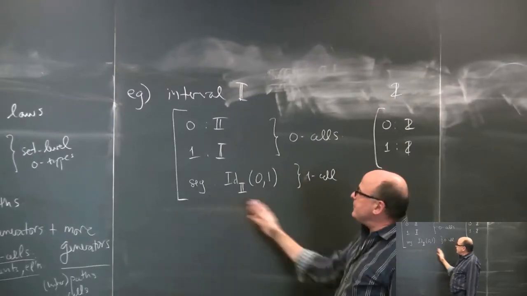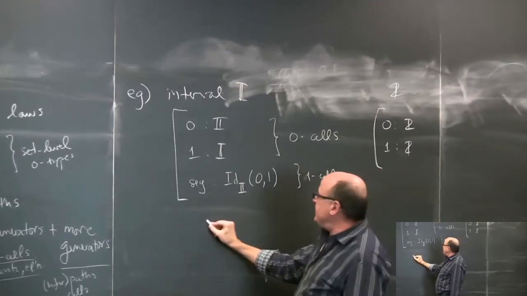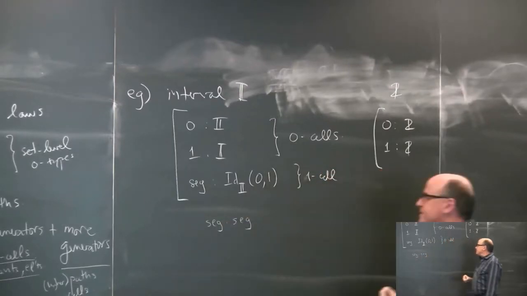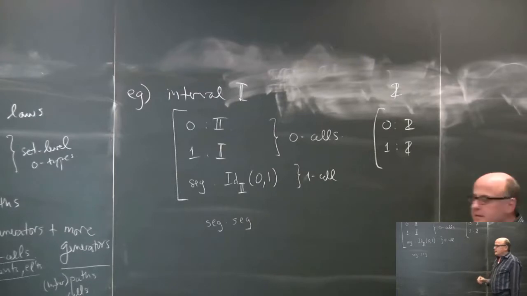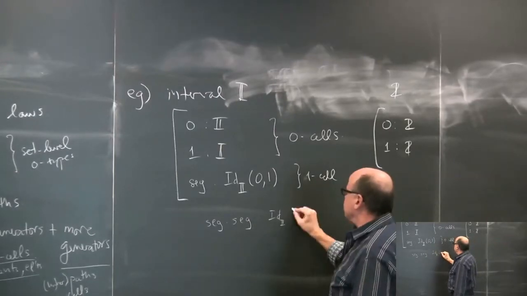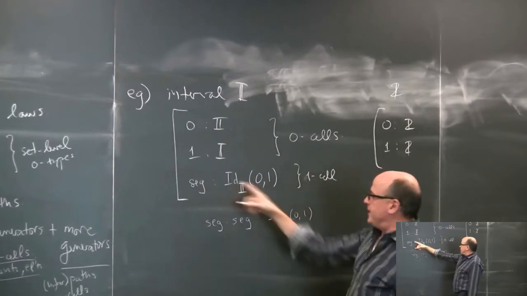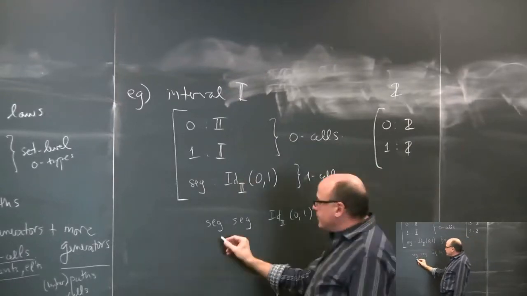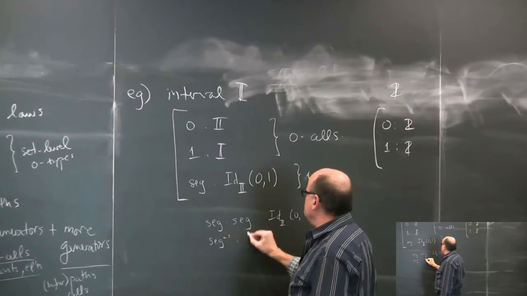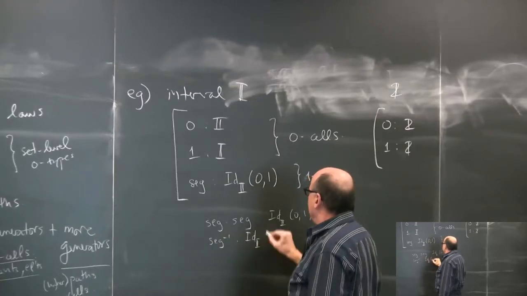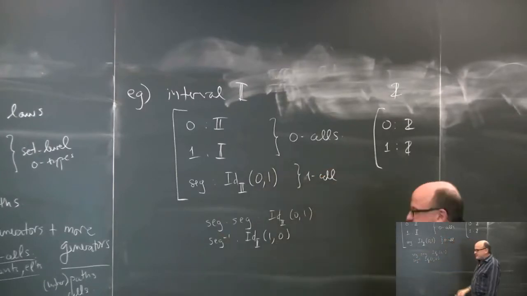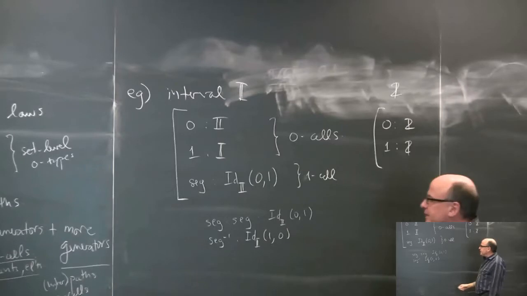Because it's implied, for example, that there's going to be another path, seg concatenated with seg inverse, a path in I from 0 to 1 as well, by virtue of the fact that seg is. And other things like seg inverse will be a path from 1 to 0, and all sorts of multiplications of these, et cetera.